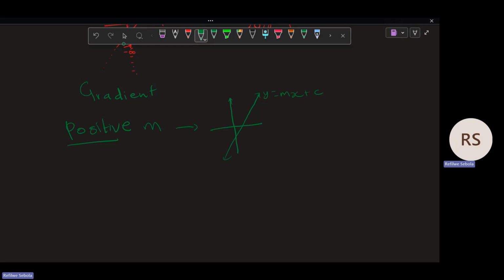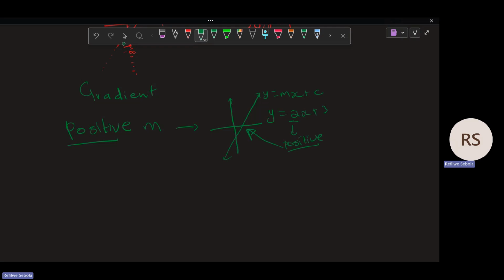This is how the graph will look if we have a positive gradient. That is to say, if you have an equation like y equals 2x plus 3, this 2 is positive. We expect the graph to look like this.